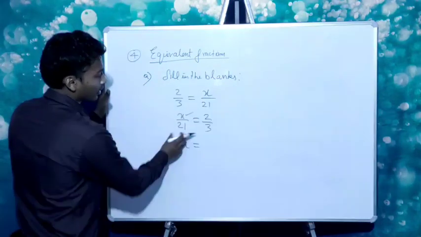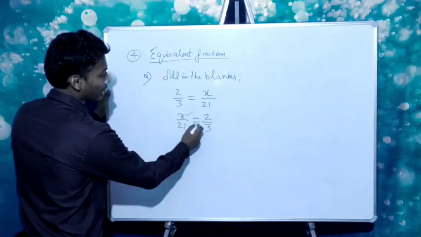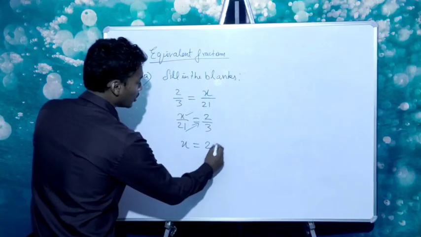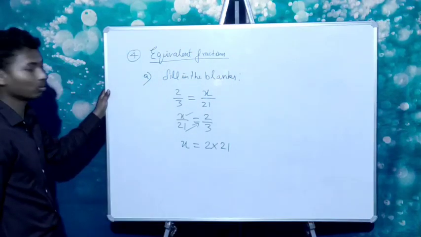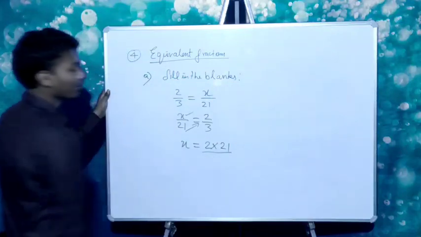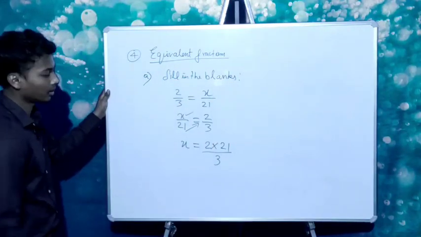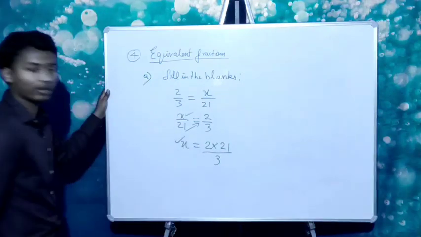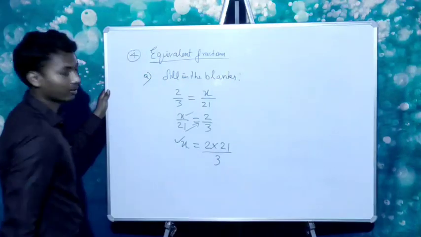We'll transpose 21 to the numerator on the other side, that is 2 into 21 whole divided by 3. So 3 will remain here. Now we have made x the subject of the formula, and we can find the value of x.